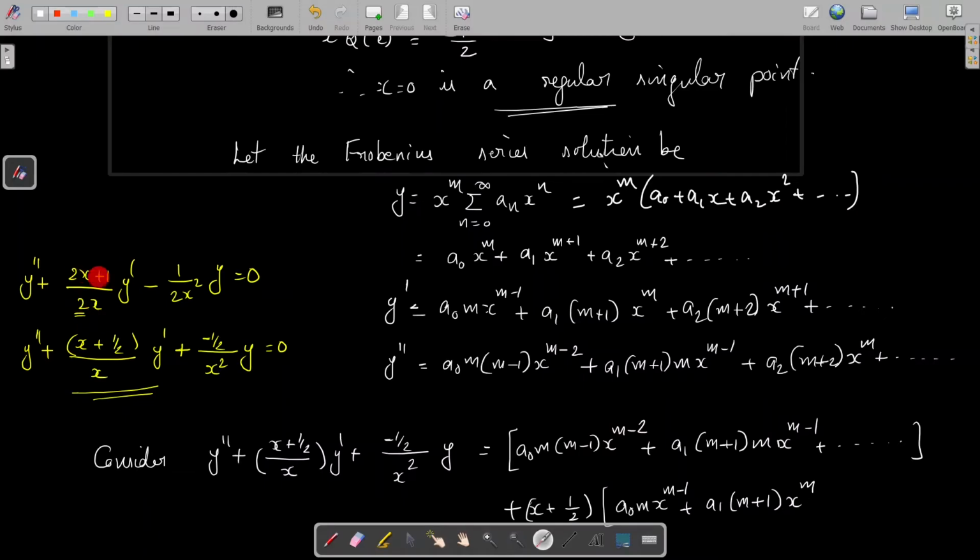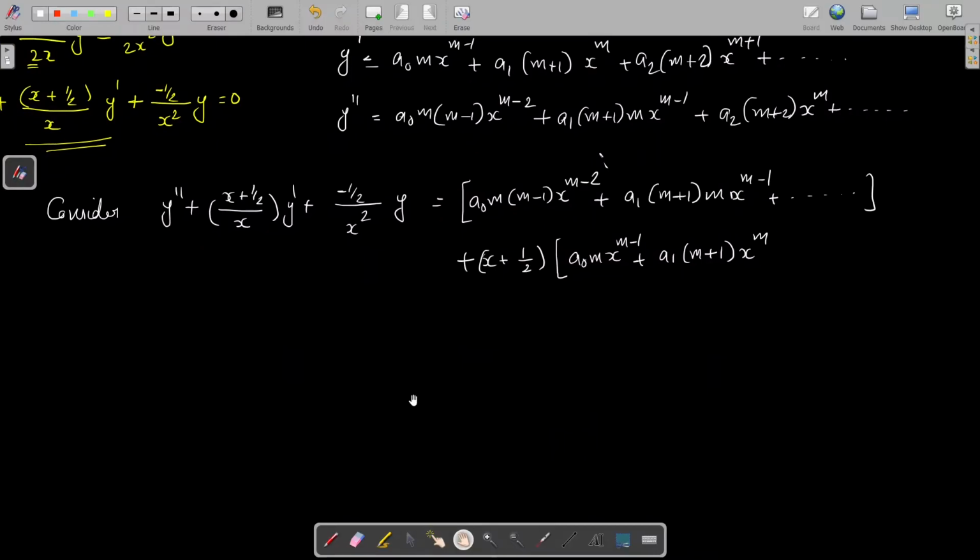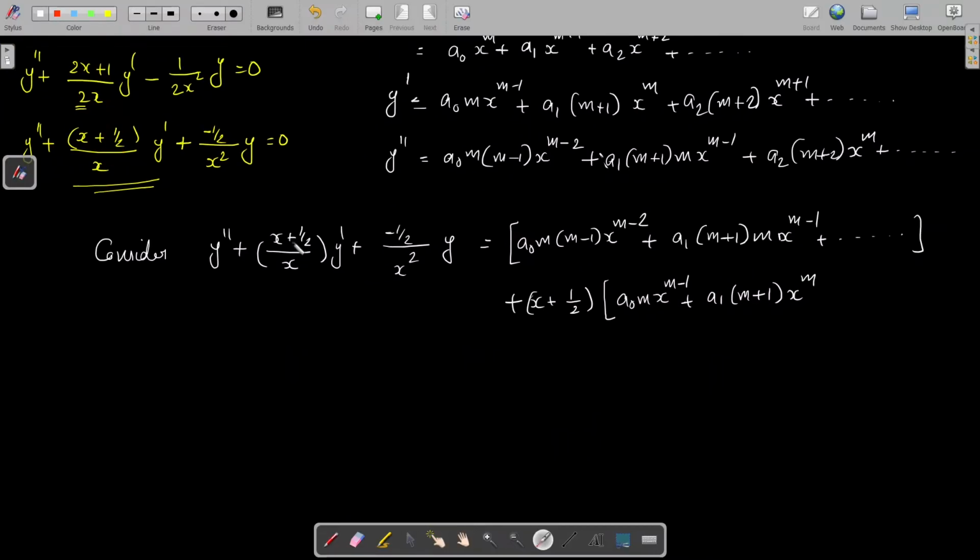Okay, so you just substitute the expressions for y' and y'' in this equation. So we consider y'' + (x + 1/2)/x y' + (-1/2)/x^2 y, and for y'' we substitute the expression here.